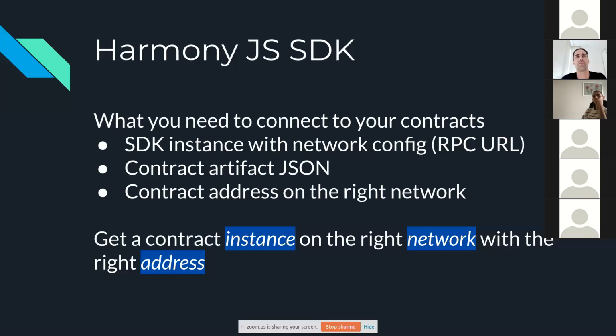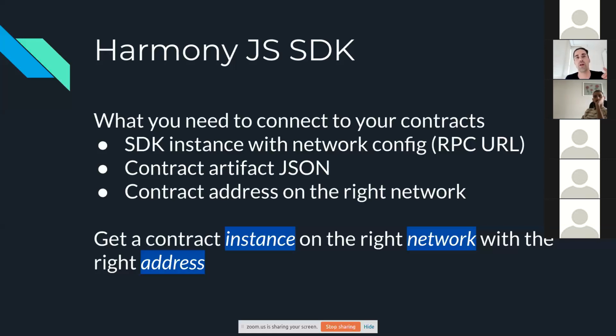And this is really the crucial point. It's one thing I've seen a lot of people lose time over, because they think they're talking to the right smart contract, and they think that they should be seeing transactions change that contract's data, or update the contract state, but they're actually talking to a live version of the contract on a different network.